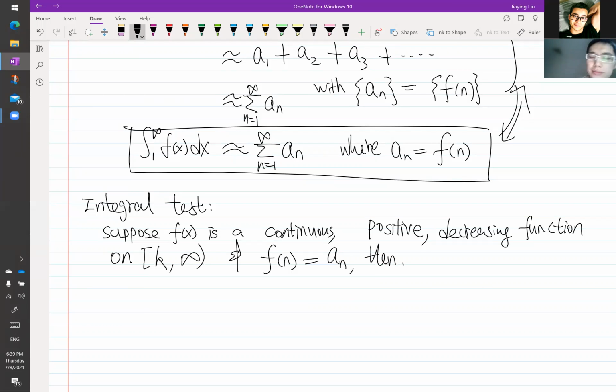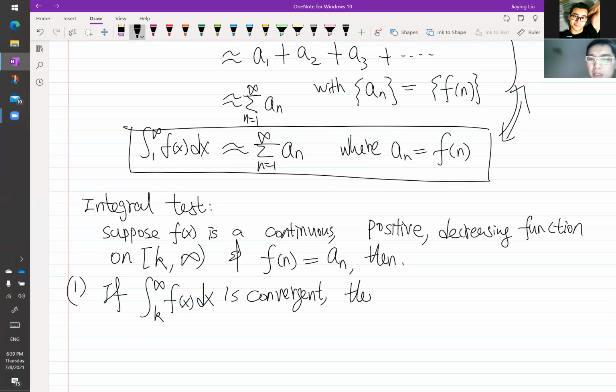Then, if the integral from k to infinity of f of x dx is convergent, then the series n going from k to infinity of an is convergent. That's the first part of the integral test.